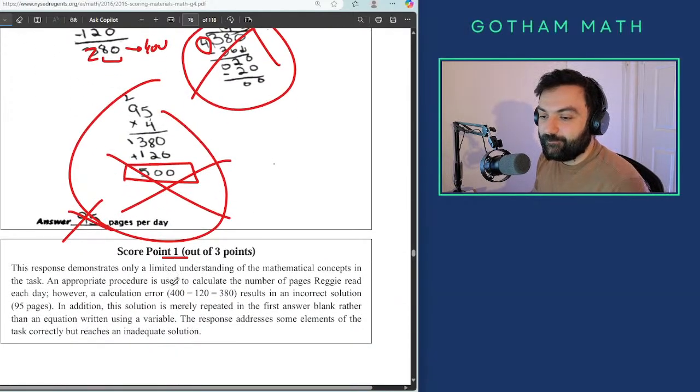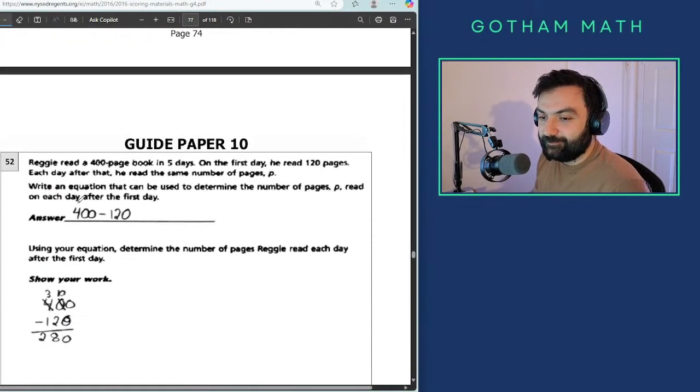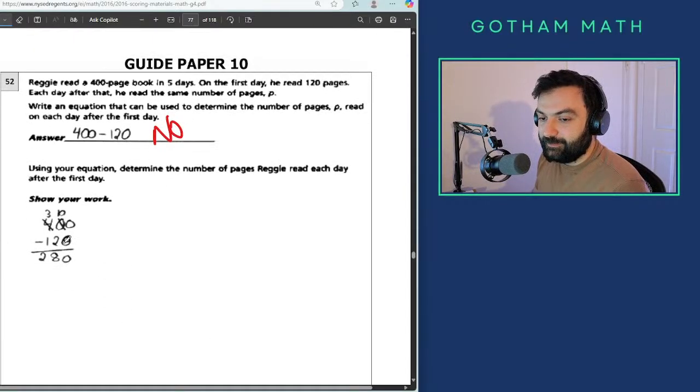Let's read it. Okay. What is that equation? No. 0. This is for sure 0. And then 400 minus 120 is 280. Oh, so close.